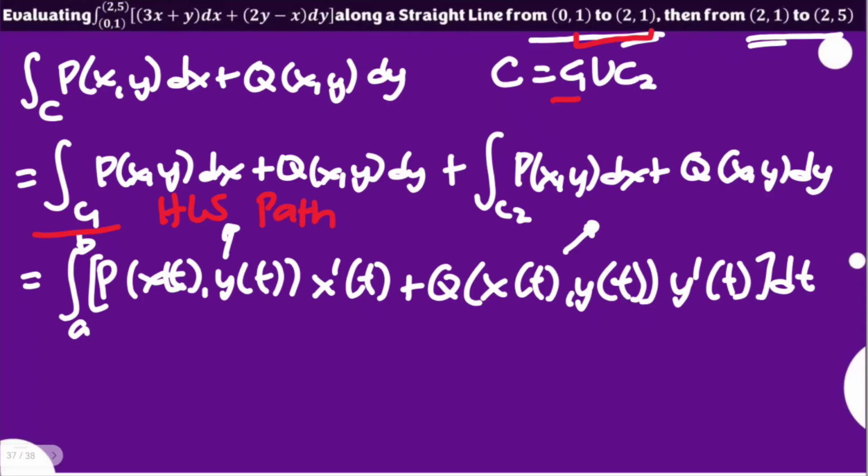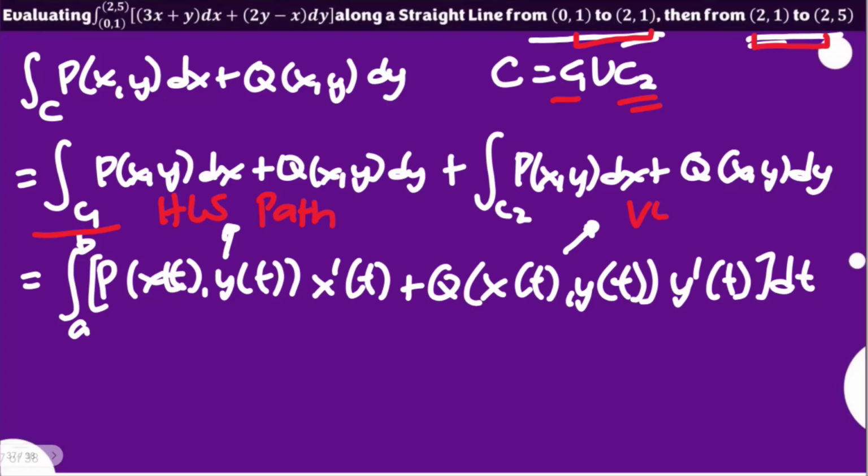In short, for the first identification of our integral, we're going to use the parameterization for the horizontal line path. Our c sub 2, on the other hand, as observed here, x is constant and y changes from 1 to 5. This would mean that in a certain plane, the x's are constant and the y, the vertical one, is changing from 1 to 5.